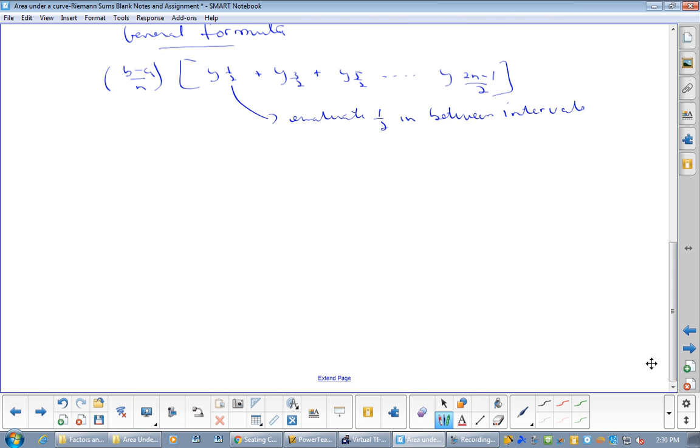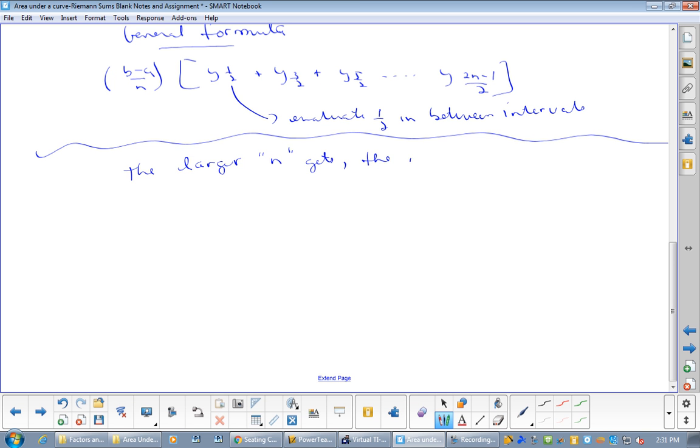Okay, now I just want to talk about this in general, now that we've done all of the different ones. The larger n gets, that means the more rectangles, right?